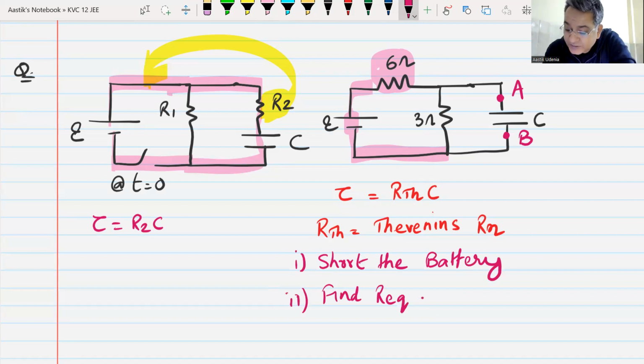Remember, this point A is actually this point A, and this point B is actually this point B. So you have to find the equivalent resistance between A and B. Now look at A and B. How are the two resistors connected?